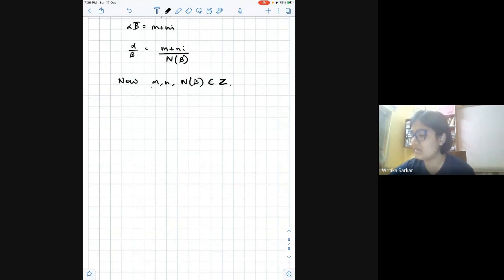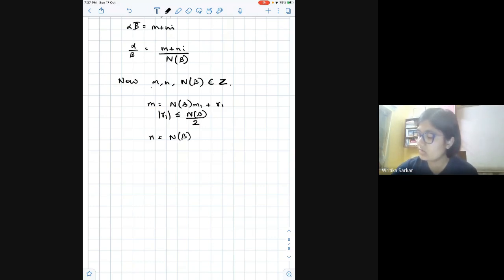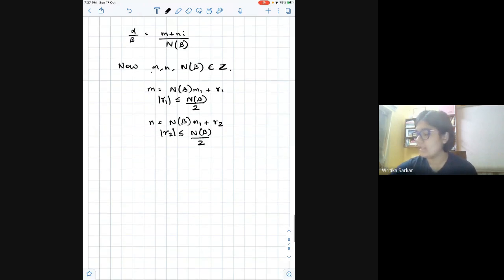So we write m as norm of beta times m1 plus r1, where the absolute value of r1 is less than or equal to norm of beta by 2. And we similarly write n as norm of beta times n1 plus r2, and the absolute value of r2 is less than or equal to norm beta over 2. Is this clear? I hope it's clear.